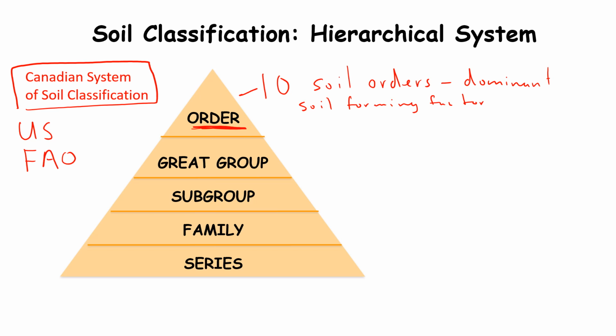The next level is great groups. There are 31 great groups in Canada, and this represents the strength of the dominant process.